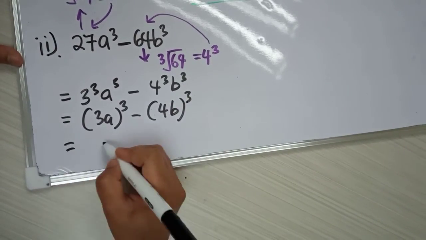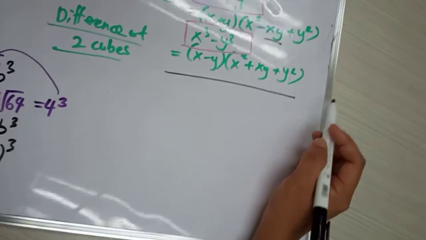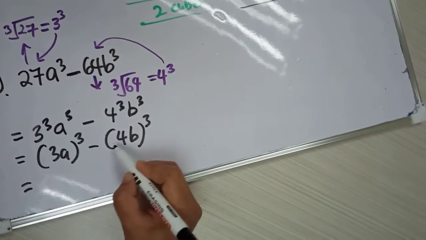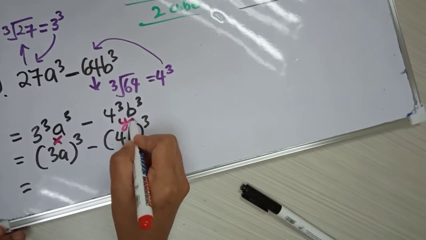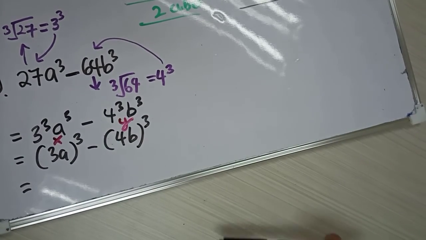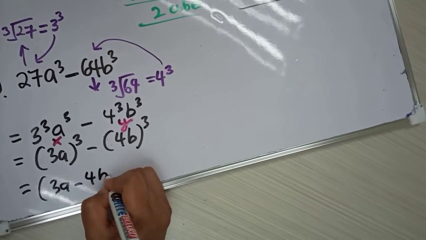Okay, the answer will be, just follow the formula. This formula, x minus y, this is your x, this is your y. The formula gives 3a minus 4b.